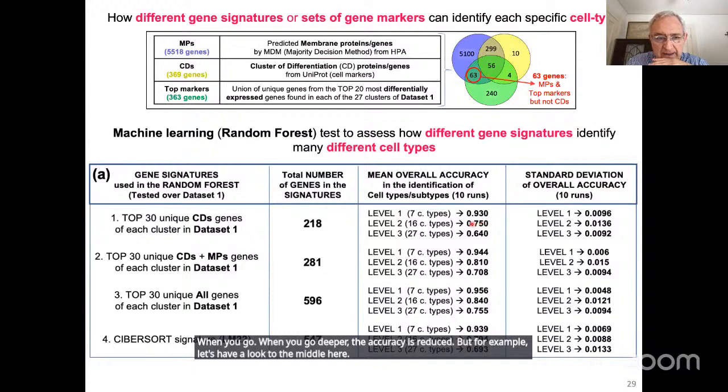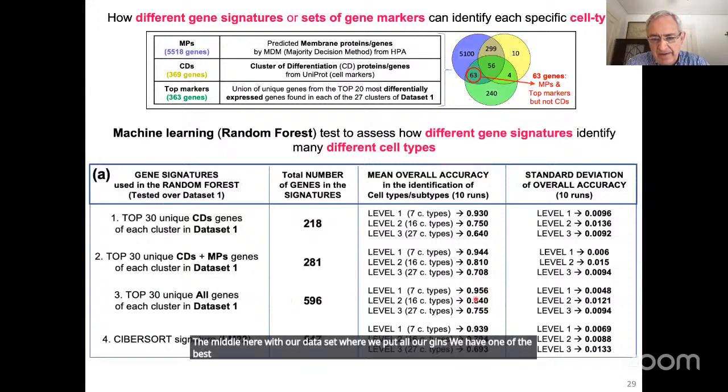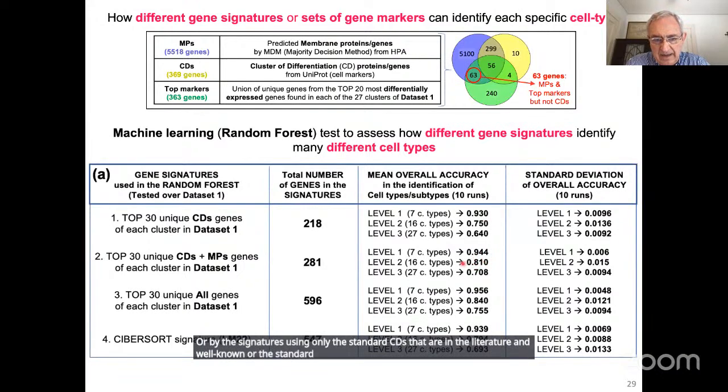The middle here with our dataset where we put all our genes, we have one of the best performances for 16 cell types with 84% accuracy. That is better than the accuracy provided by the signatures using Seurat, or by the signatures using only the CDs, standard CDs that are in the literature and well known, or the standard CDs plus the membrane proteins.